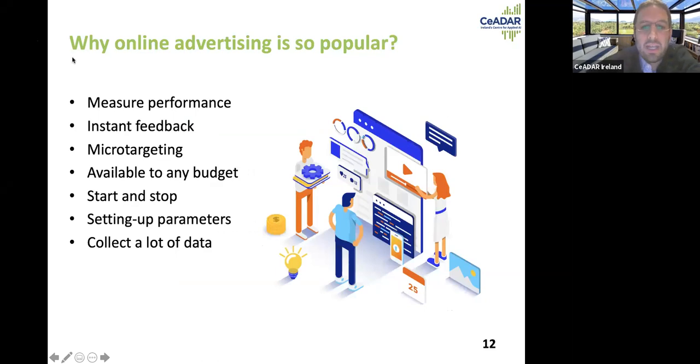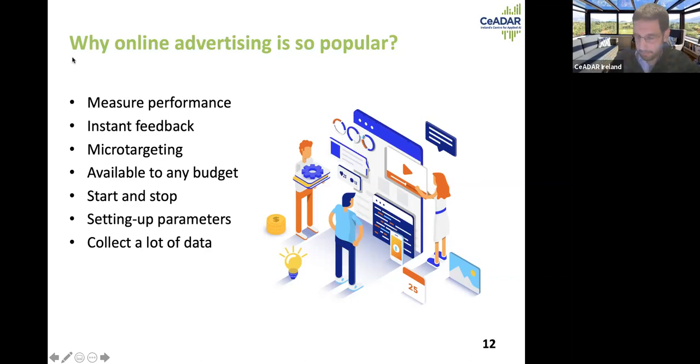Okay, so why is online advertising so popular? Because you can measure its performance instantly, because you can see if the users are clicking or if they're interested or not. Micro-targeting, that's a very interesting thing. Imagine I have a new album from Billie Eilish, and I can say, okay, I will promote this new album for teenagers with this level of education in this country, especially maybe girls, and so on.